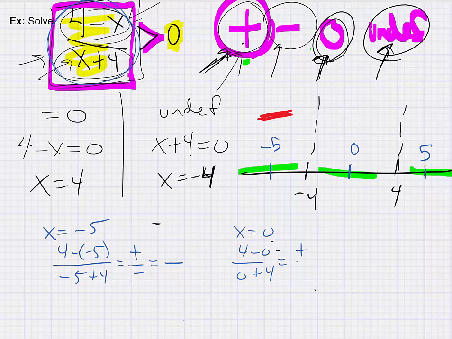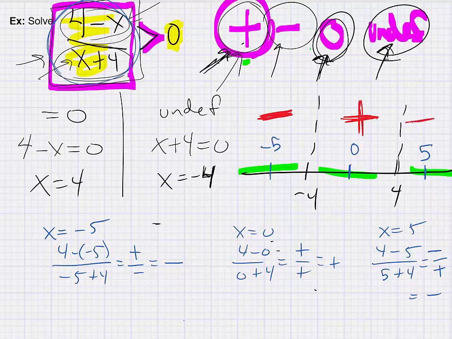So top is positive, bottom is positive. So overall, we get a positive. So that one's positive. Last one, x equals 5. 4 minus 5 over 5 plus 4. Well, this is negative, this is positive. Negative over positive gives me a negative. So this one's negative.